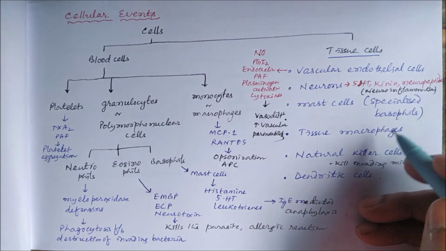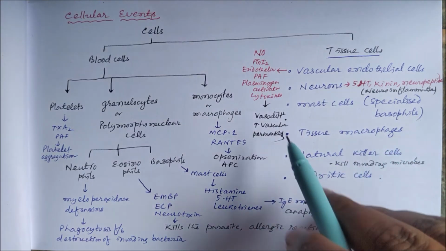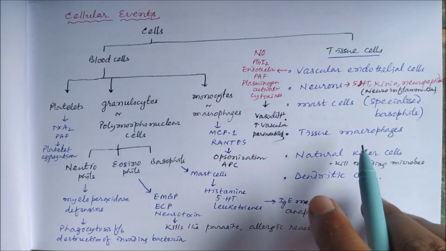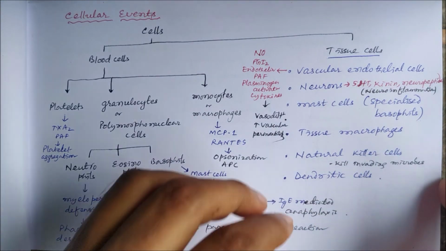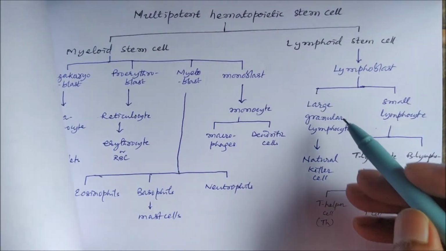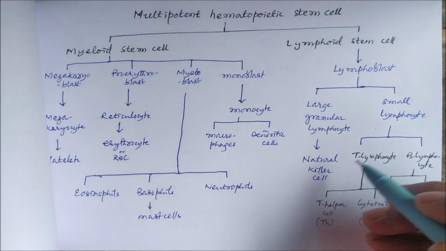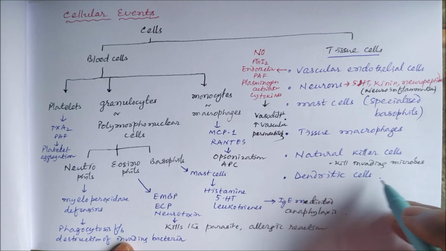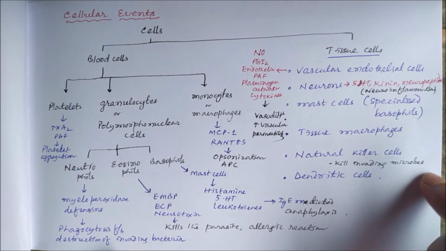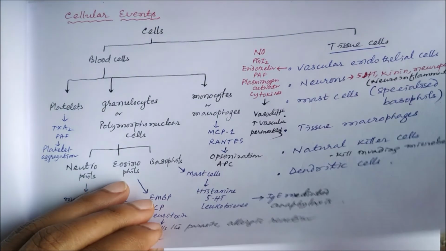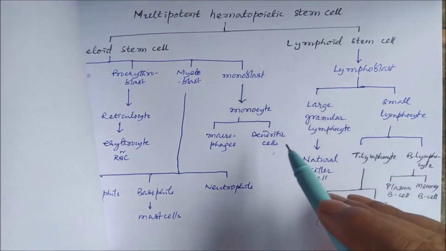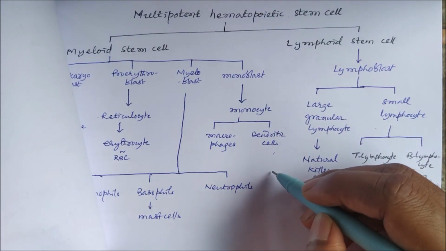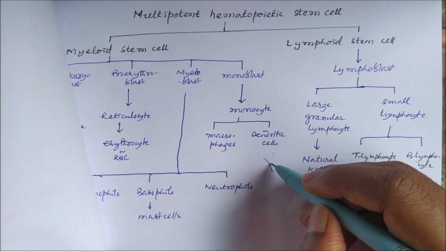Tissue macrophages: again the monocytes are developed into macrophages. Then the natural killer cells: some of the large granular lymphocytes are developed into natural killer cells, which kill the invading microbes. Then some of the monocytes are differentiated into dendritic cells because they have a structure like dendrites.